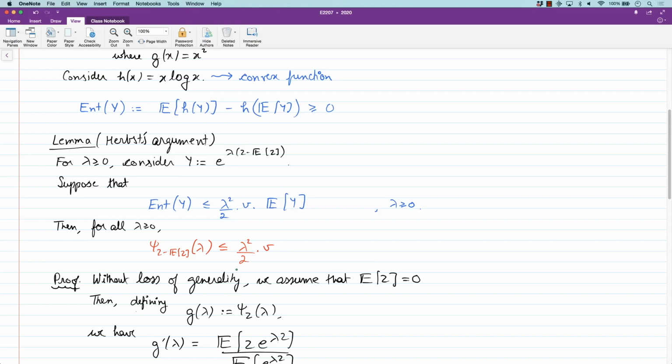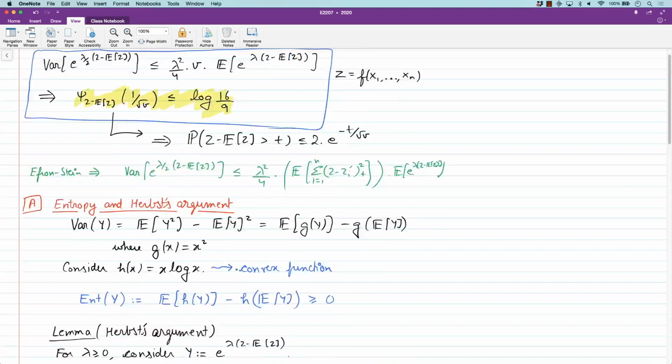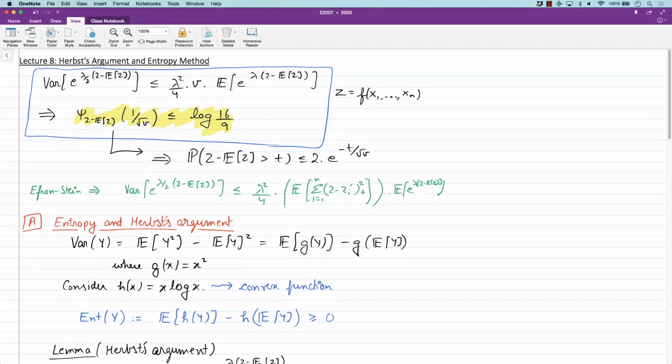Remember, this gives a new way of handling the log moment generating function. But this is only the first step in our general recipe for deriving concentration bounds. The second step was a tensorization bound. In particular, we used the Efron-Stein inequality to establish the corresponding tensorization bound for this functional inequality.